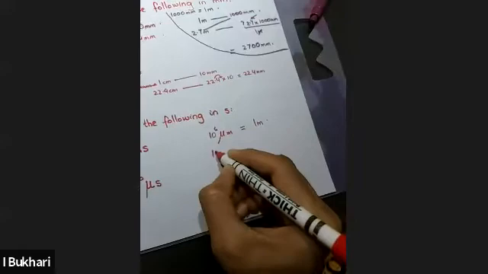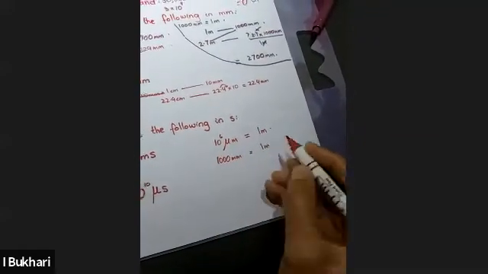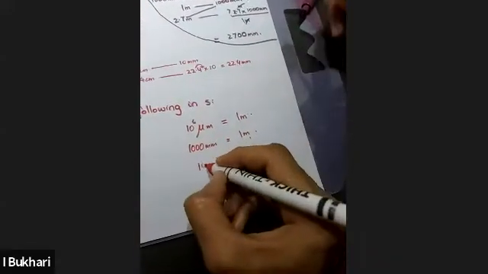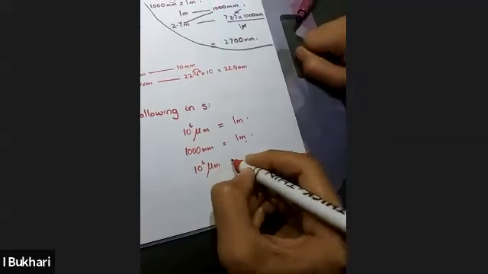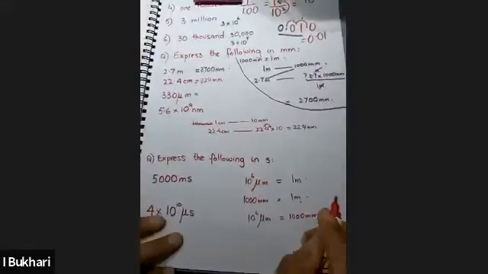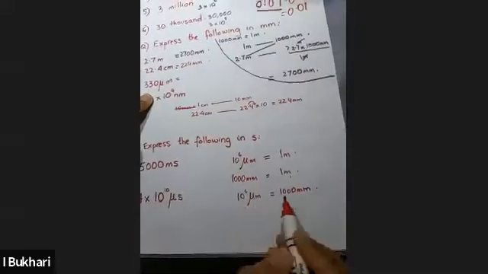If both of them are equal to 1 meter, that means 10 to the power 6 micrometers is equal to 1000 millimeters, right?